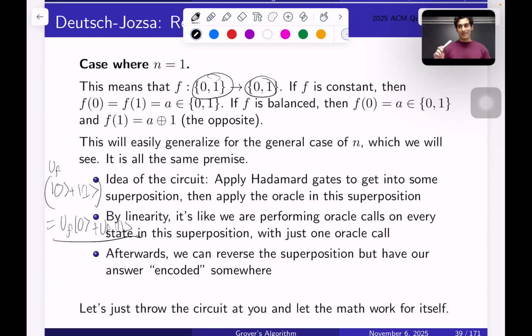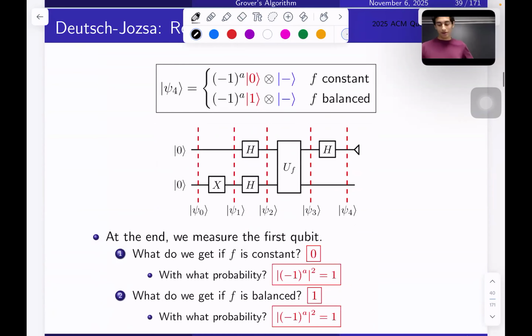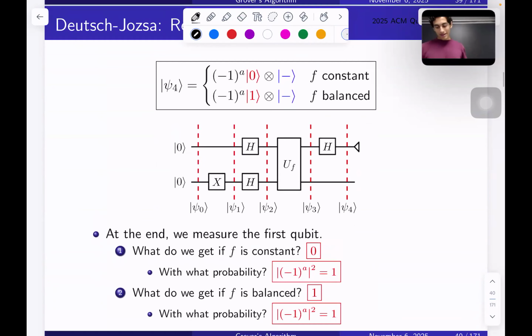It sounds kind of random, but we did show that it worked by tracing through the circuit last time. So this was the circuit we gave. We applied an H to get into superposition, we applied the oracle in superposition, and then we undid the superposition.